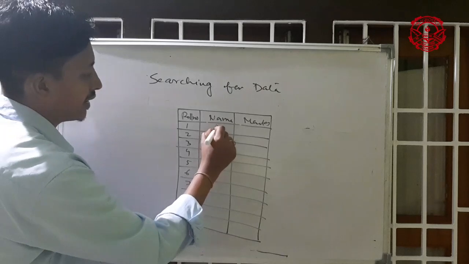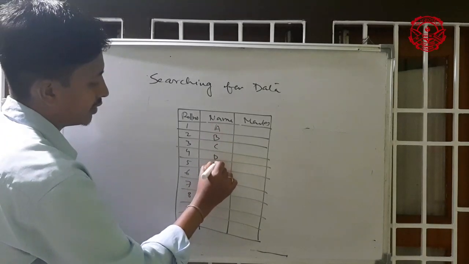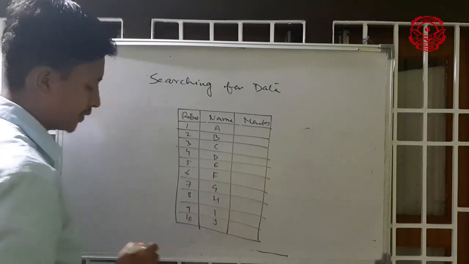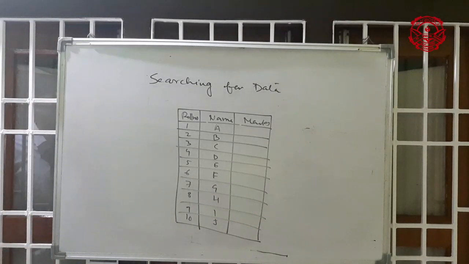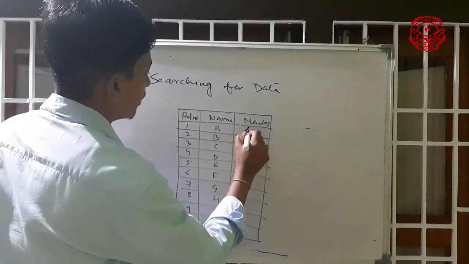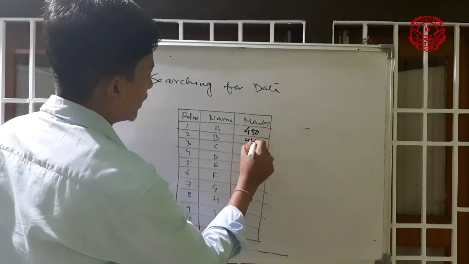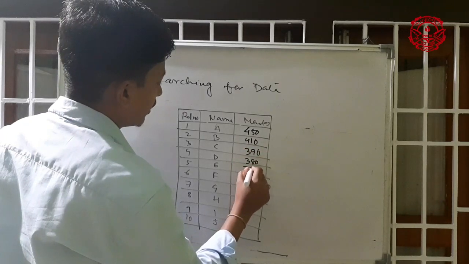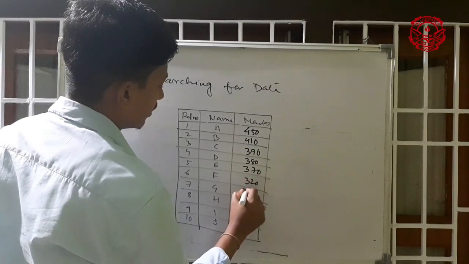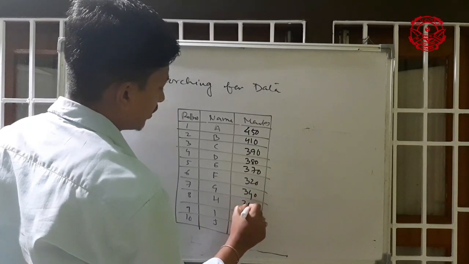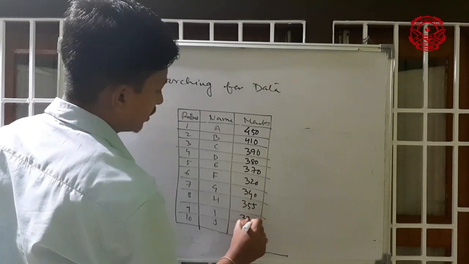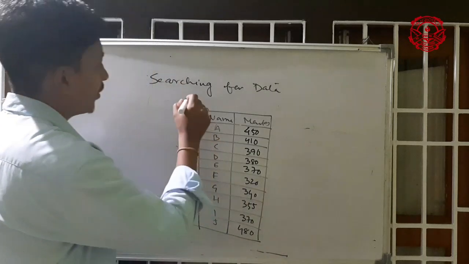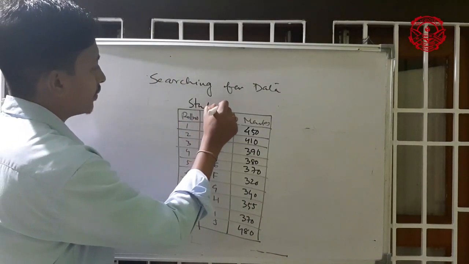Okay, names say A, B, C, D, E, F, G, H, I, J. Okay, now marks: 450, 410, 390, 380, 370, 320, 340, 355, 370 and 480. Now this is the information. It is a student table.